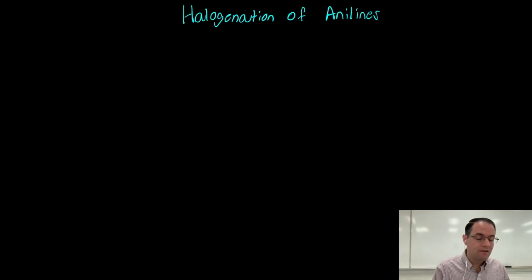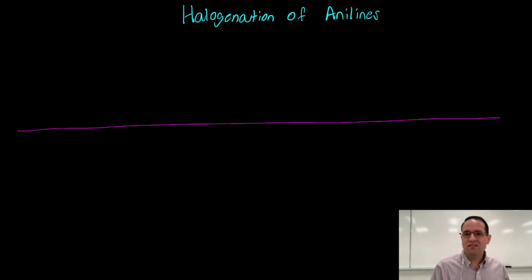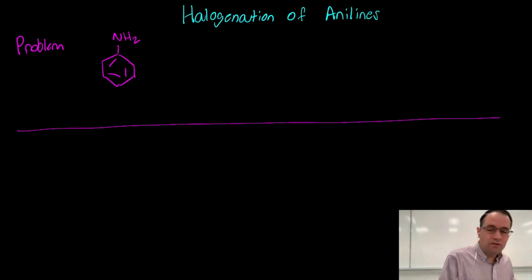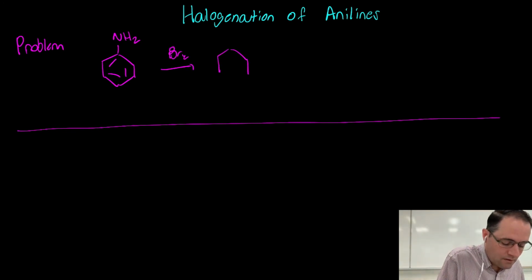All right? Let's talk about the halogenation of anilines, okay? So I'm going to present this as a problem solution, okay? So here's the problem. The problem is that if you take aniline and you treat this with bromine, you get mono, di, and tri-substituted products.